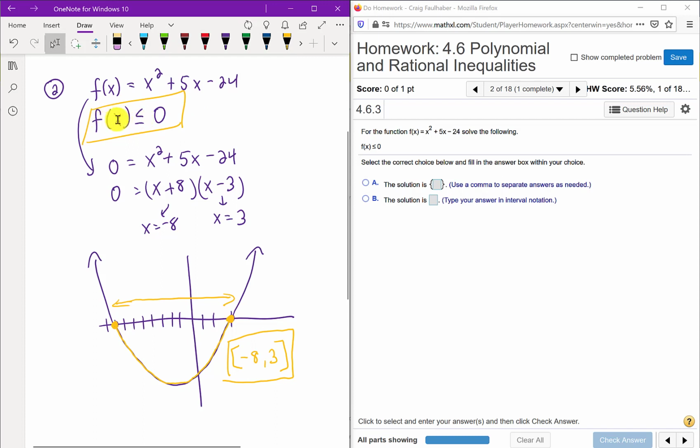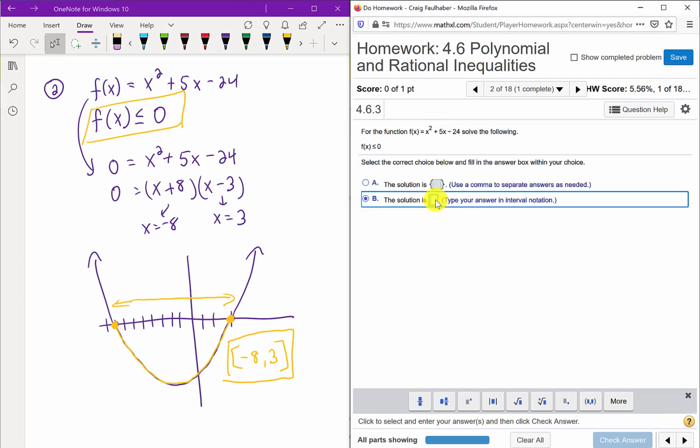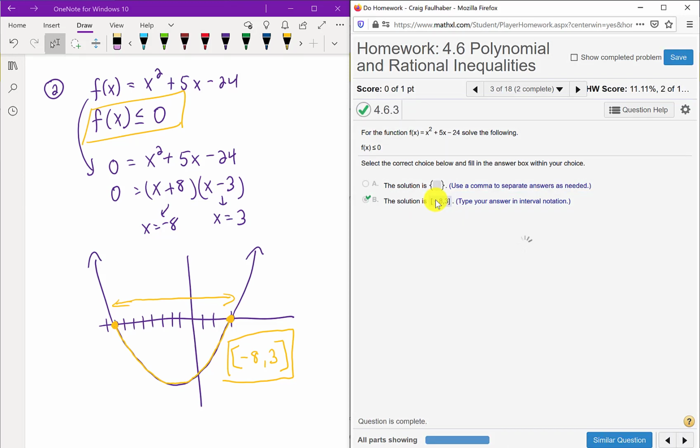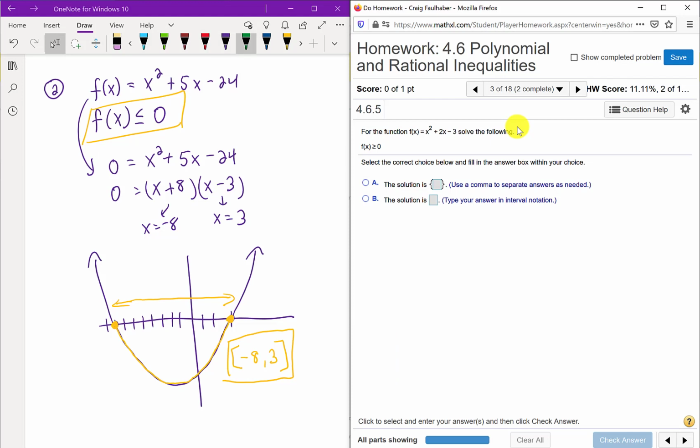Part of this inequality is when is the function equal to 0, and this function is equal to 0 at -8 and 3, so we're going to include that in our answer. So we're going to use option B here and type this answer in interval notation since we have an entire interval for our answer. And that is it, and we're going to move on maybe to this problem here.